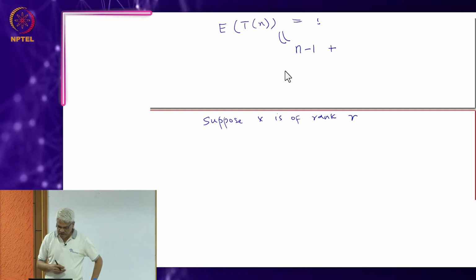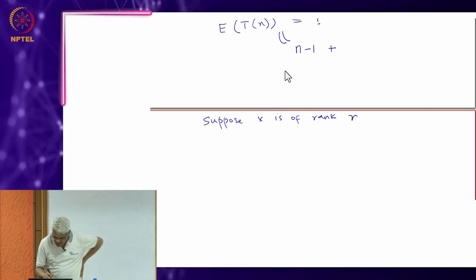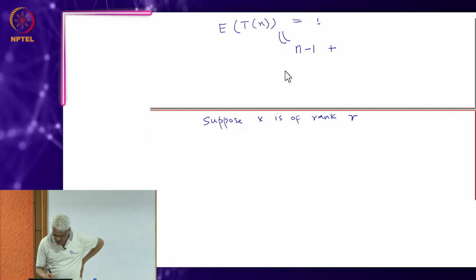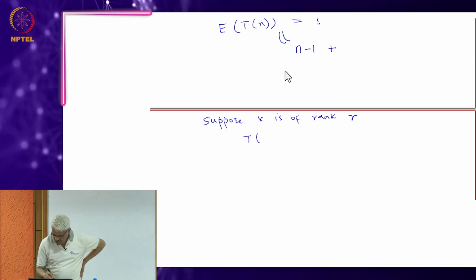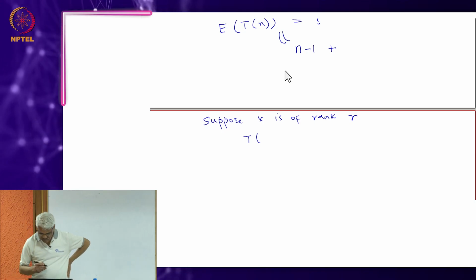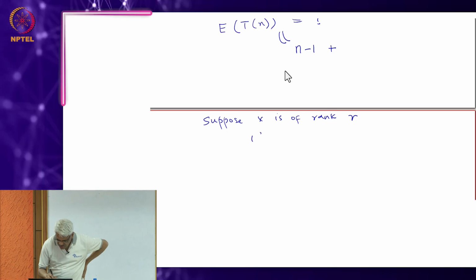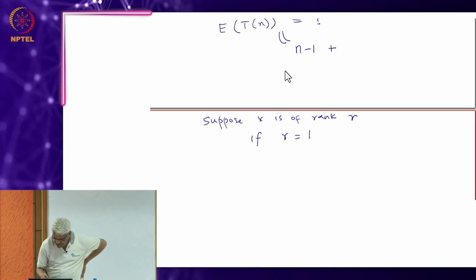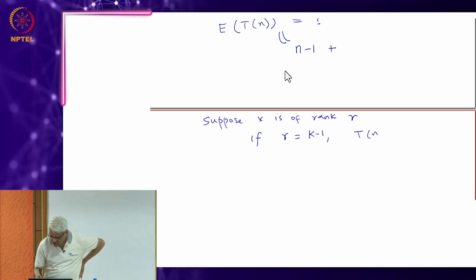Okay. Now, I am going to recurse, and I am looking for the kth smallest element, right. So, T of n, okay. So, if R is equal to k minus 1, then T of n is what?